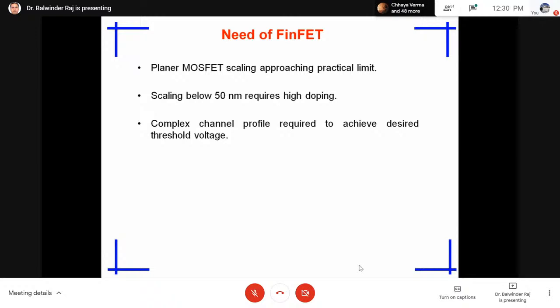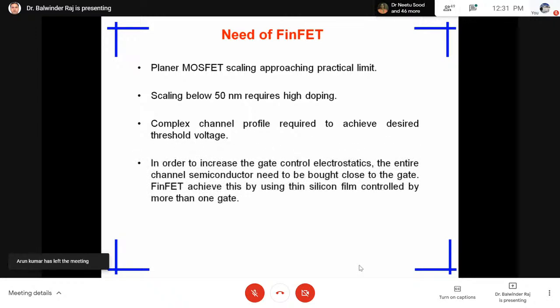A complex channel profile is required to achieve the desired threshold voltage in conventional devices, but with the FinFET or double gate MOSFET, with the asymmetrical structure, we can go for variation in the VTH also, both high and low. We can tune it with a change in material, a change in the dimensions of oxide thickness.